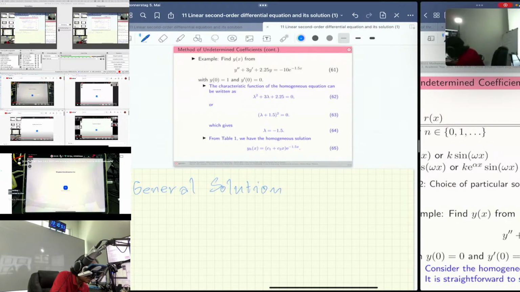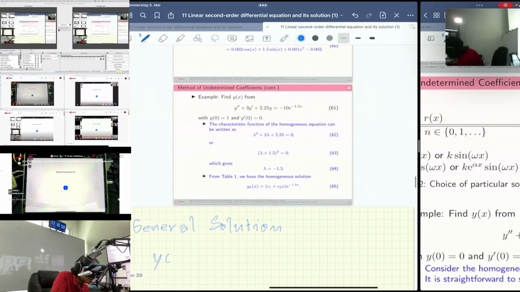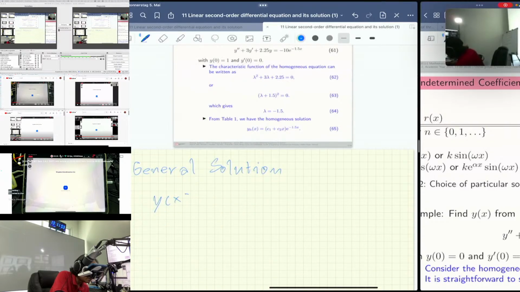Okay, let's consider that the general solution can be expressed as y, right? y(x) is given by y_h, which is the homogeneous solution, plus y_p, the particular solution.